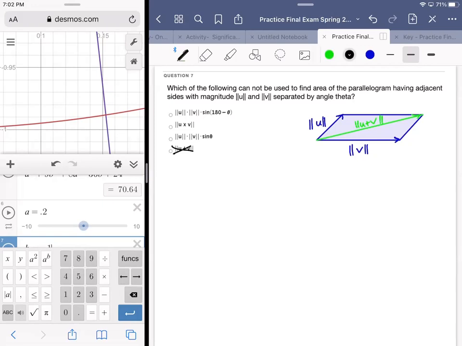Oh, actually, which of the following cannot be used? Well, there you go. If we're trying to identify which ones could be used, then we would eliminate that one. It turns out the one you eliminate is the one you want. Now, just to complete the thought here, when it comes to finding area, I'm just looking at that first choice again.